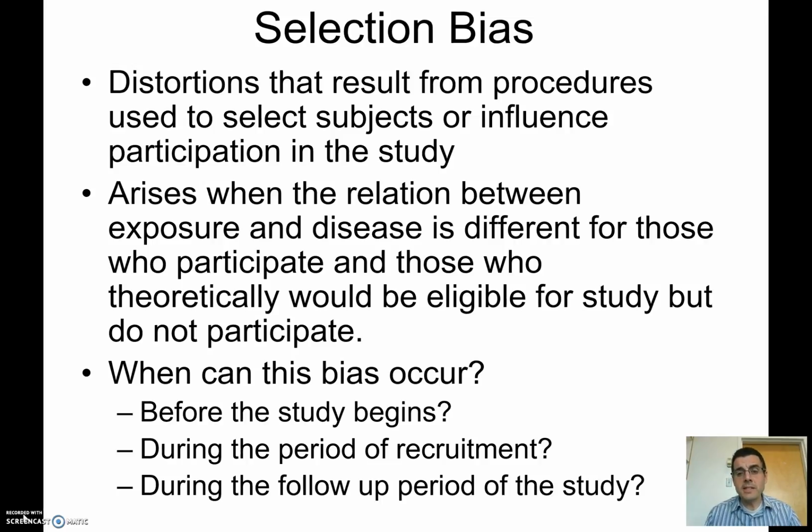Another component, when you look at selection bias before the study or during the period of recruitment, is where the study is actually designed to occur or where it's developed. Are we going to bias the type of individuals that would participate in this particular study?